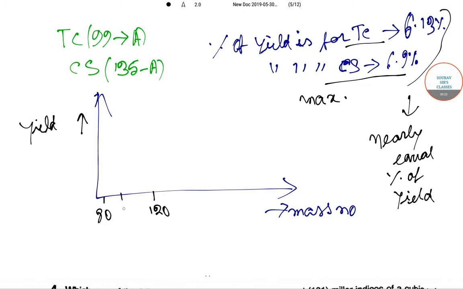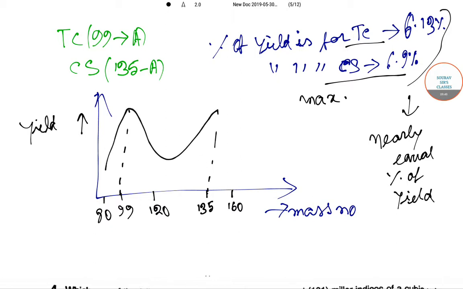The technetium is between 80 and 120, at 99, and this is 160. In between, the cesium is near about 135. Okay, so here the curve is like that. This is for technetium and this is for cesium.